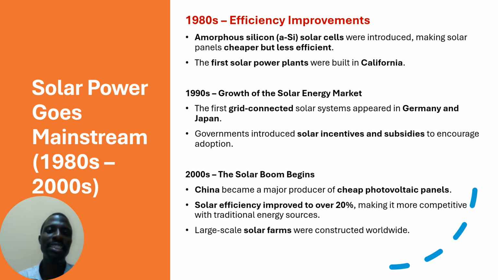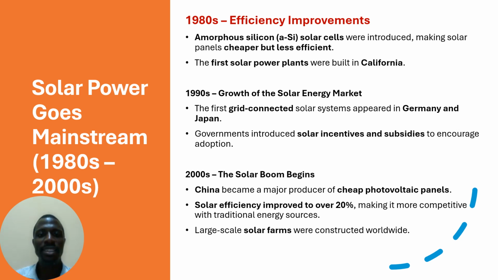By the 1980s, improvement in efficiency was sought. Amorphous silicon solar cells were introduced in order to make room for cheaper solar cells. The first solar panel power plant was built in California, giving a boost to commercial application.